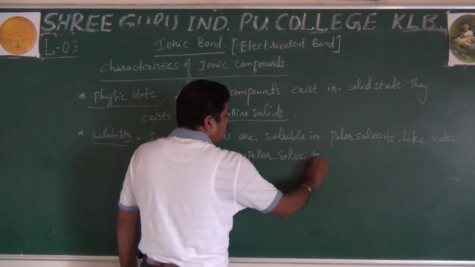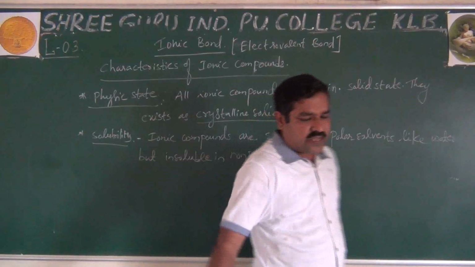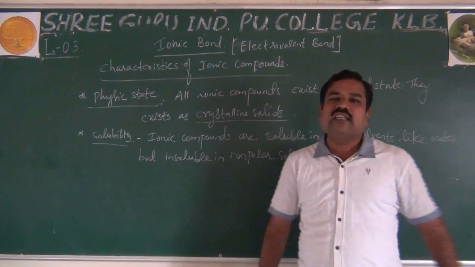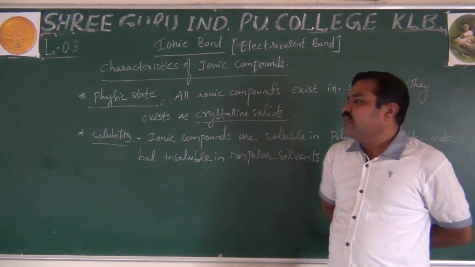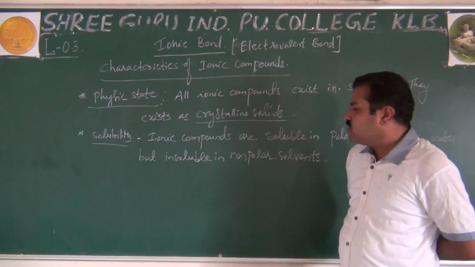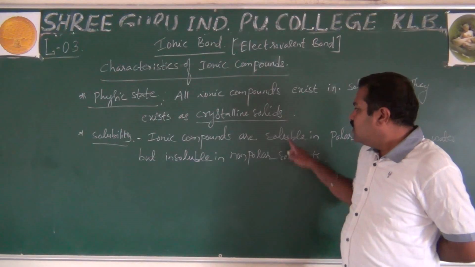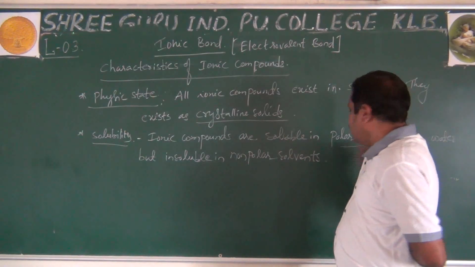That is, in organic compounds like acetone, benzene, toluene, xylene, methyl alcohol, and ether. So many examples. That means ionic compounds are generally soluble only in the polar solvents.